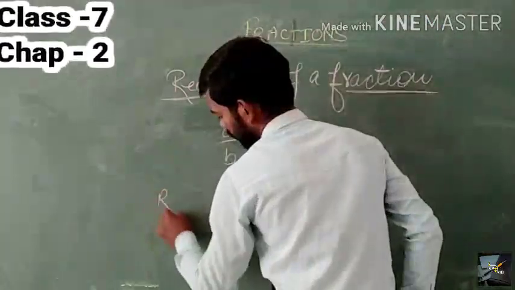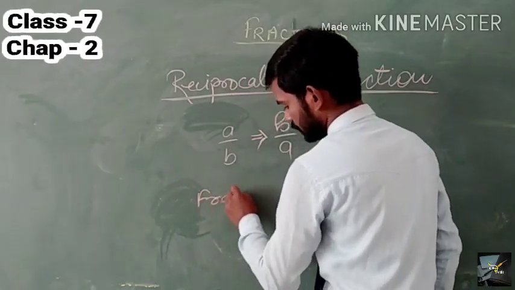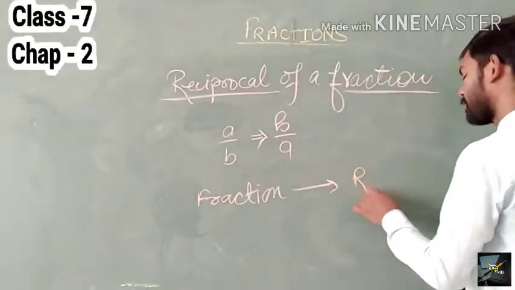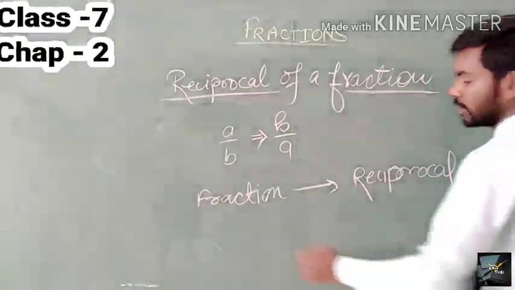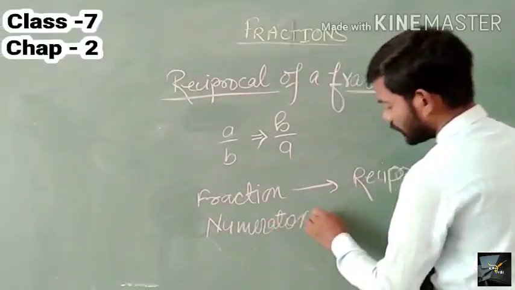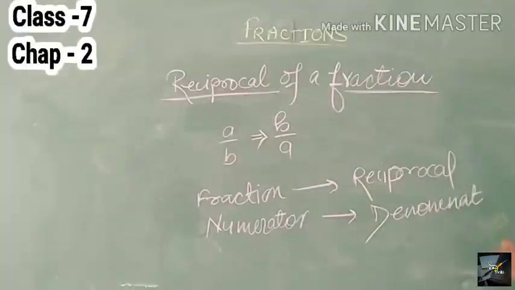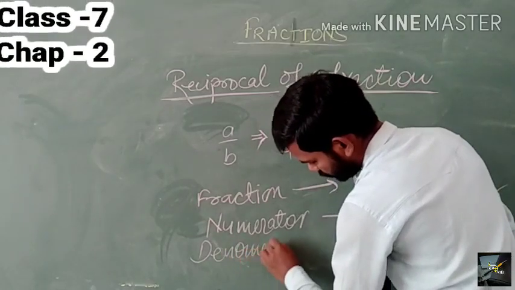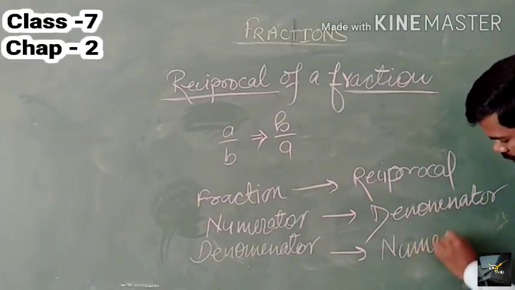So here we can say that when a fraction is converted into its reciprocal, the numerator changes into denominator and the denominator changes into numerator.